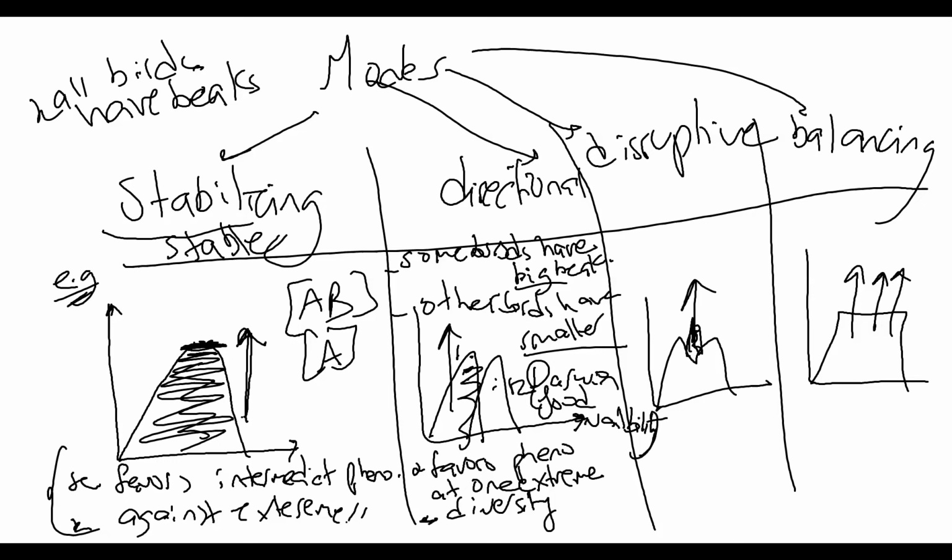That's why we have more than one phenotype, and we favor one extreme phenotype, and we allow diversity, big and small. However, here in this table we just have only one: all of them have beaks. So you can say that stabilizing selection is more general, beaks in total, whereas directional is small and big, so it's more specific.